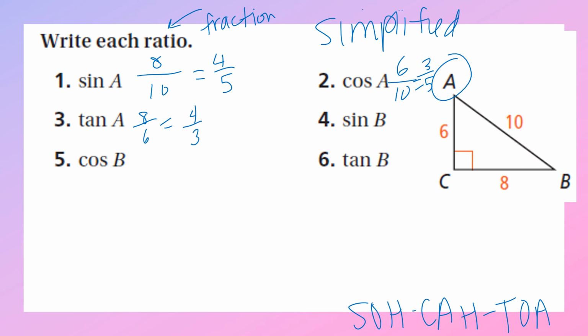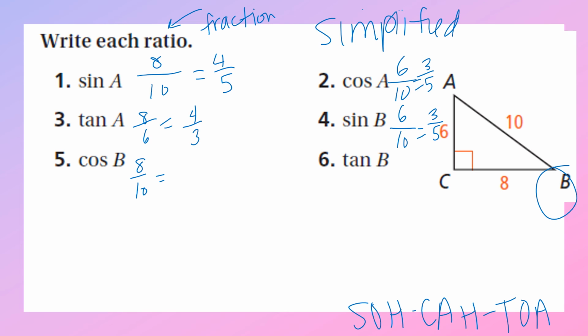The sine of B, so now we're switching our angles up. Sine of B, so sine is opposite, which is 6, over hypotenuse, which is 10. You can reduce that, 6 and 10. If I divide both the top and the bottom by 2, I get 3 over 5. Cosine of B is adjacent over hypotenuse, so 8 over 10.